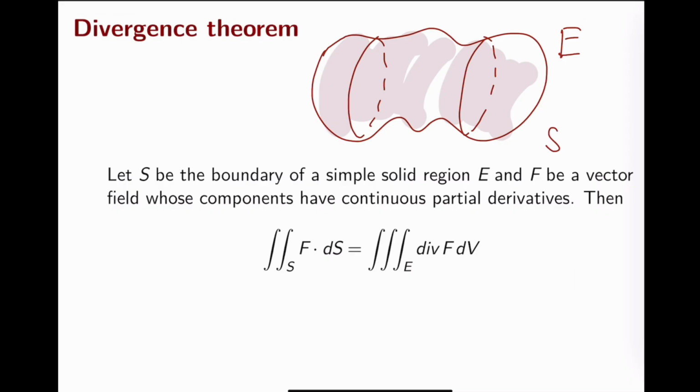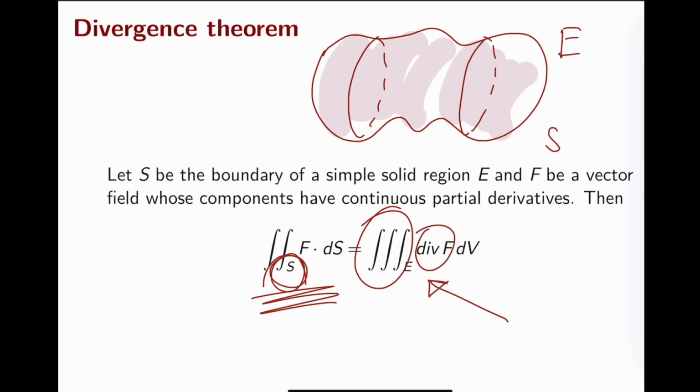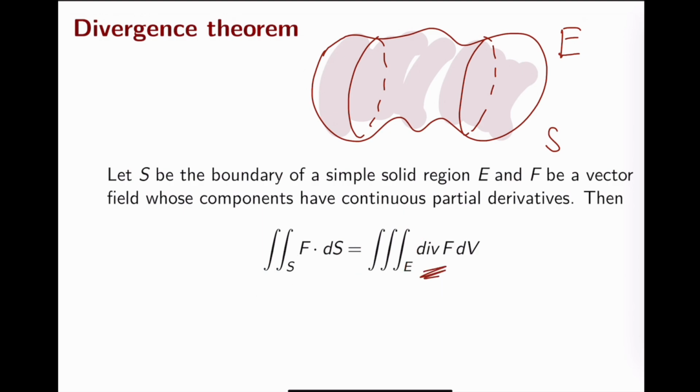So then the divergence theorem says that the surface integral of the vector field can also be calculated as the triple integral over a solid whose boundary is the surface. And what we have to put in the integrand is the divergence of the vector field. Remember that the divergence of a vector field is a scalar, not a vector field.